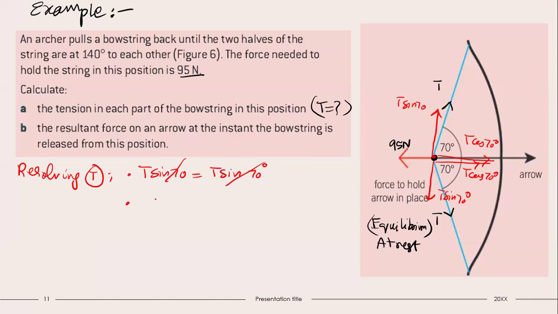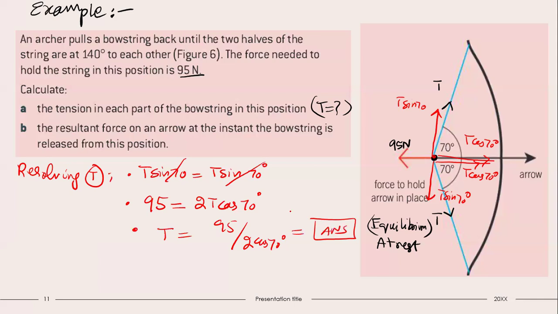If you look at the horizontal component, the 95 is acting towards left, and 2T cos 70 is acting towards right. So we can find the value of T from here, which is 95 over 2 cos 70, and this will tell you the answer.